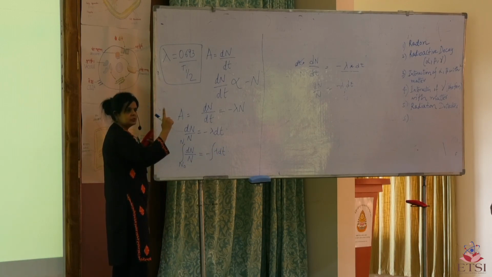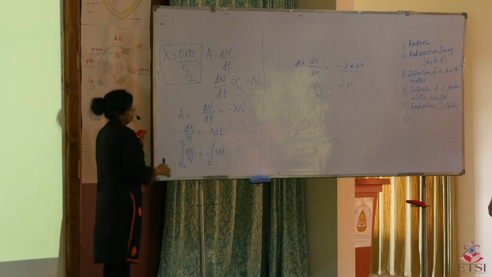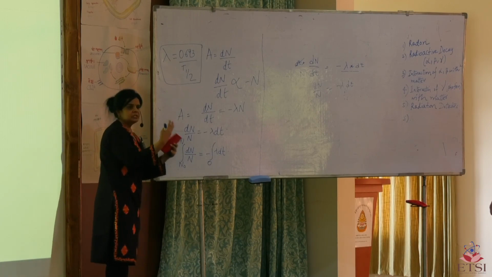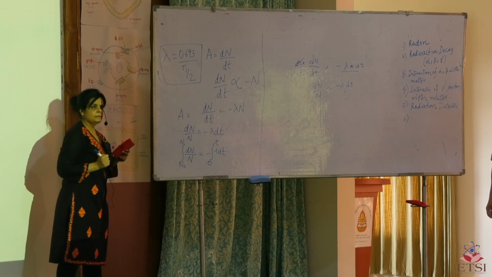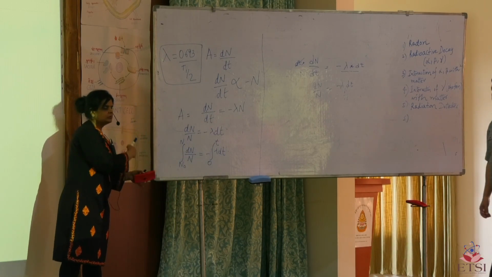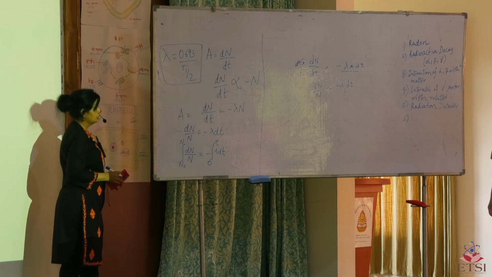At time t equals 0 initially. So t is 0 here, and this is n at some time t, so 0 to t. I'm just doing the integration right now, so this is just the formula. I'm putting lower value and higher values, that's it.